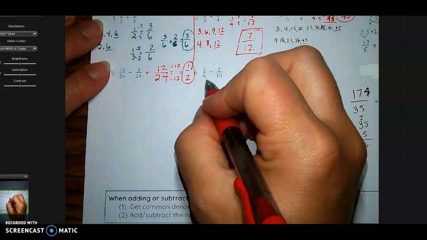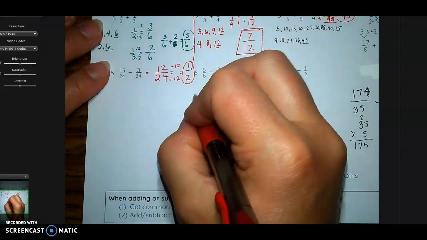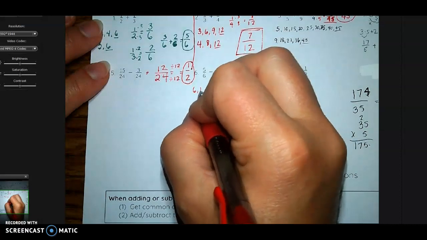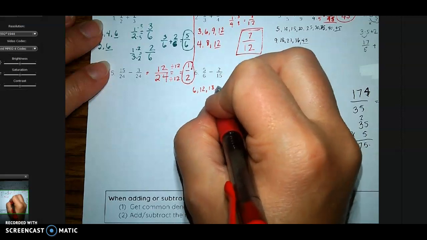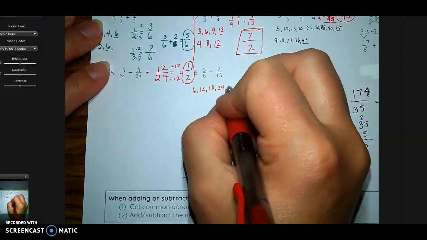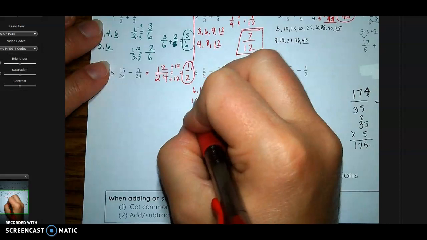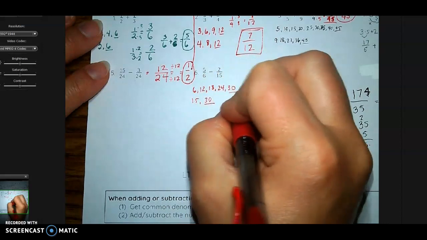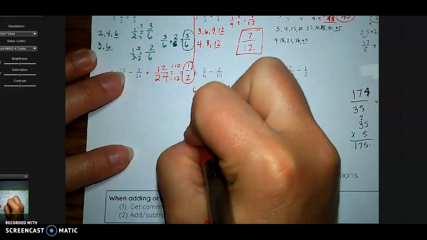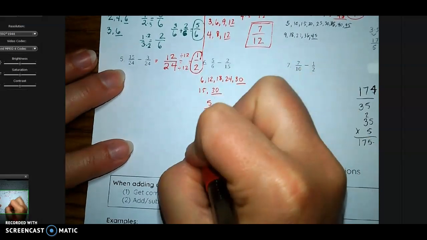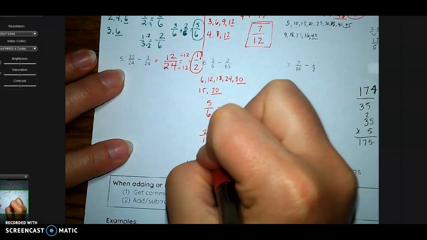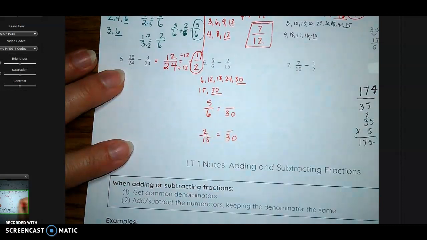Over here, I'm going to need to find that common denominator, so I can count by 6s. And I can count by 15s. So 5/6, I need to get to 30, and 2/15ths, I need to get to 30 as well.